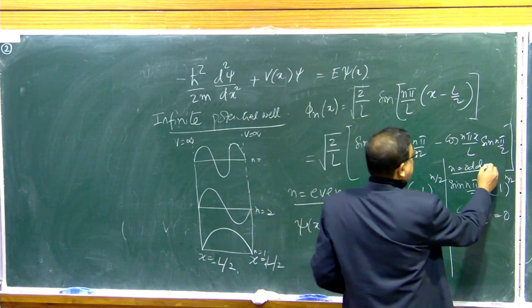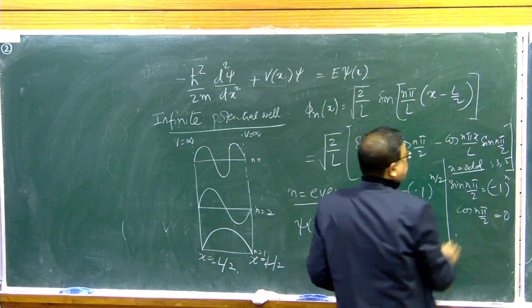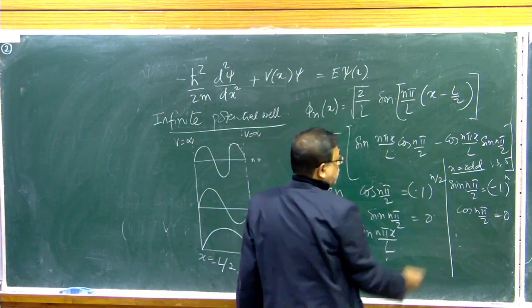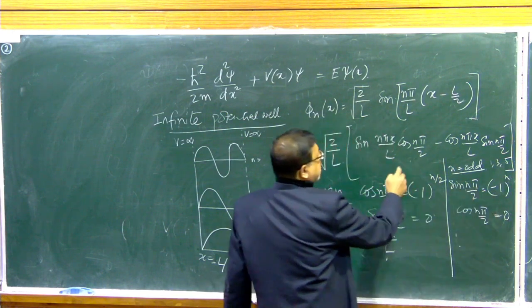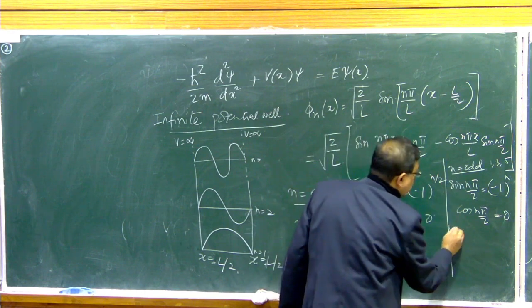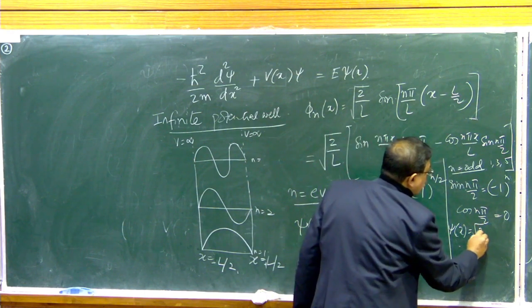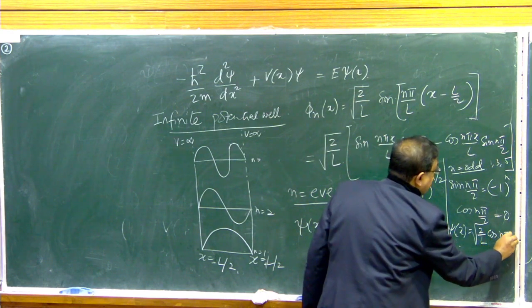So these are like 1, 3, 5, 7 and so on. This minus 1 to the power that, and there is a minus sign, so put together this will give you a plus sign. And so for n equal to odd, it's equal to root over 2 by L cosine n pi x by L.